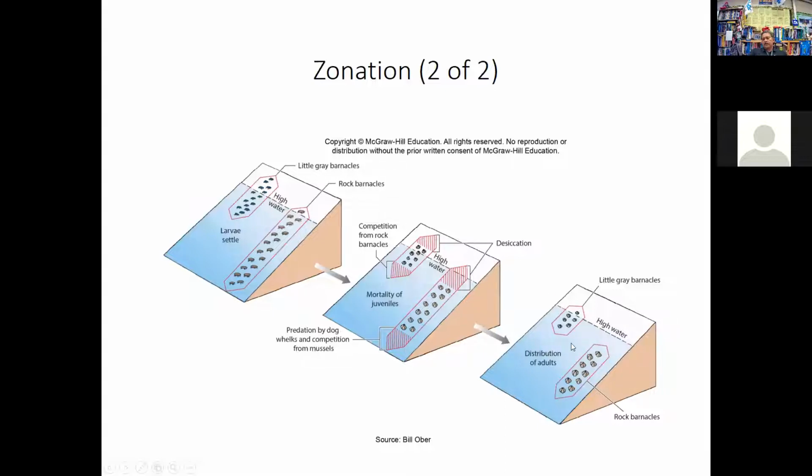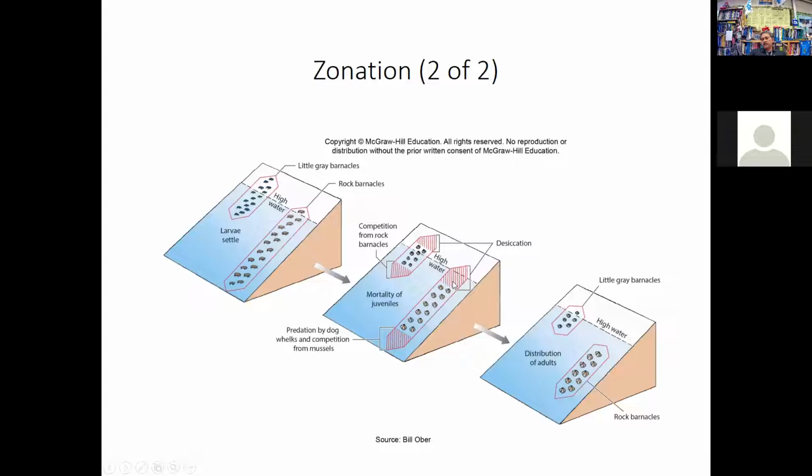This diagram here shows you the realized niche, where over here it's more of a theoretical niche, or area where these guys might possibly live. But right here, this rock barnacle can live through this whole range, but practically speaking, it doesn't.